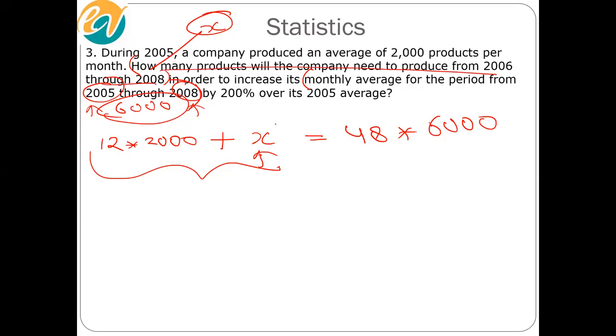Yes. So we've assumed that as X. So this is 2005 production plus the production between 2006 and 2008. Are you clear so far?